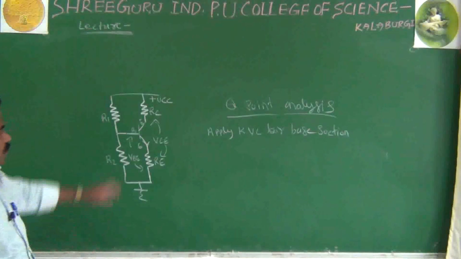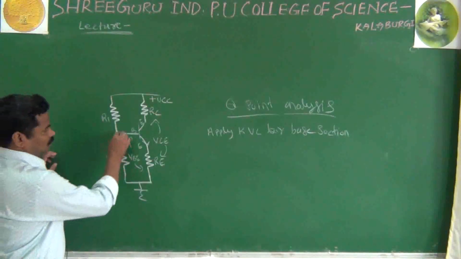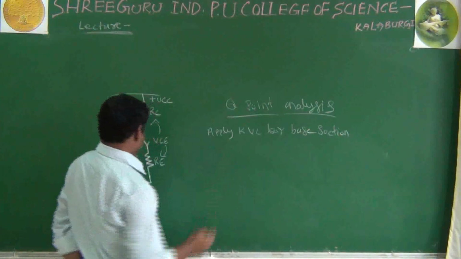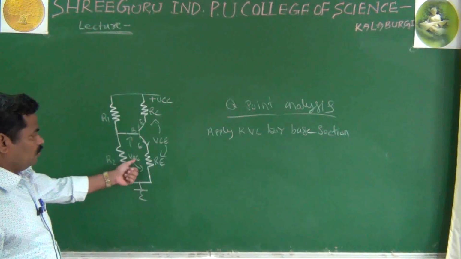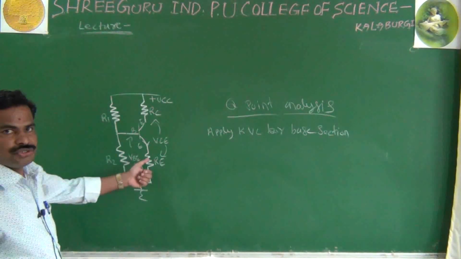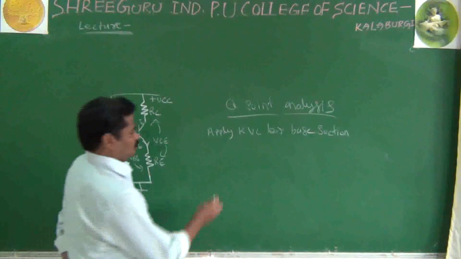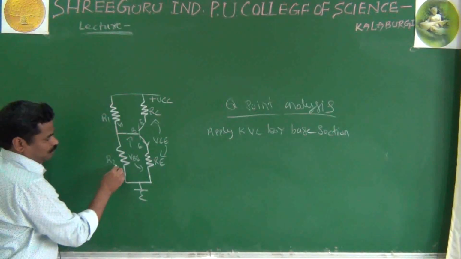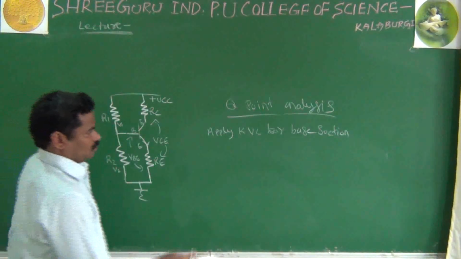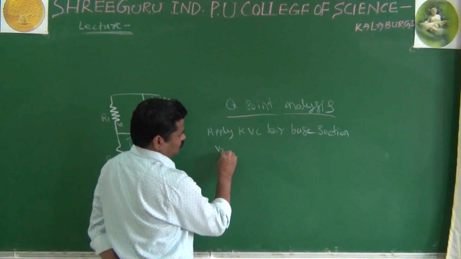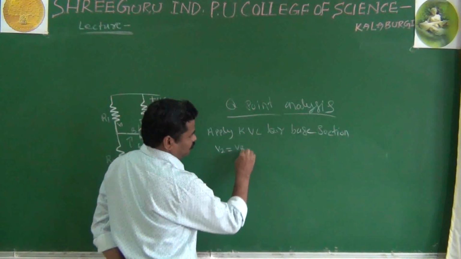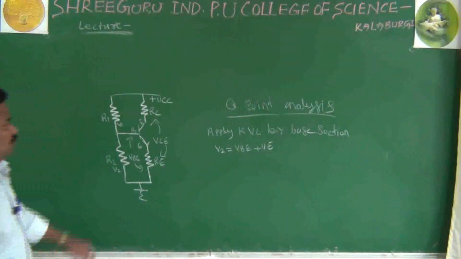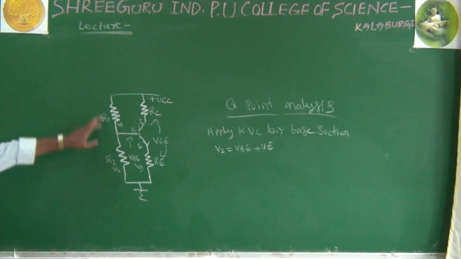Here you apply KVL, that becomes V2 equal to VBE plus VE. This may be your V1, this may be your V2. Yesterday I said R1 and R2 are in series.